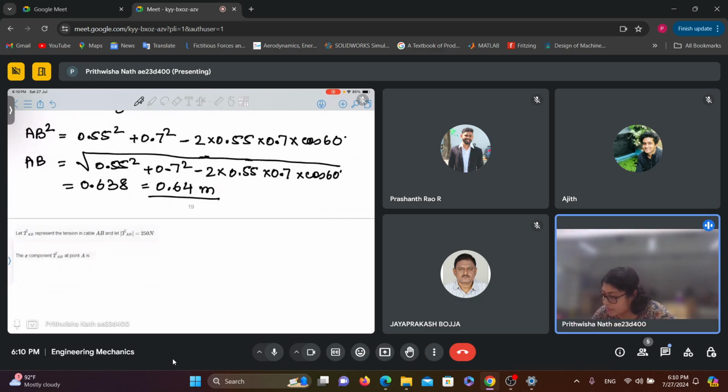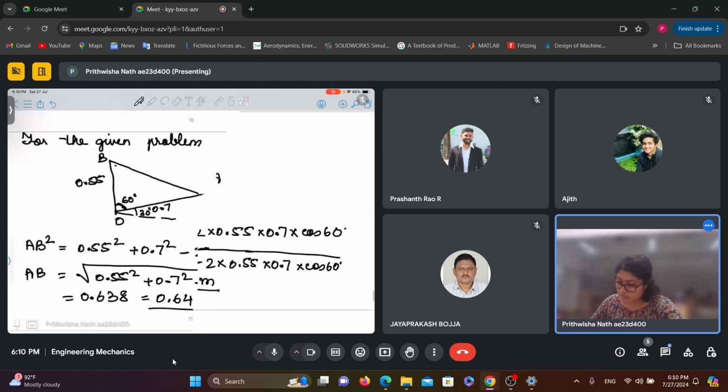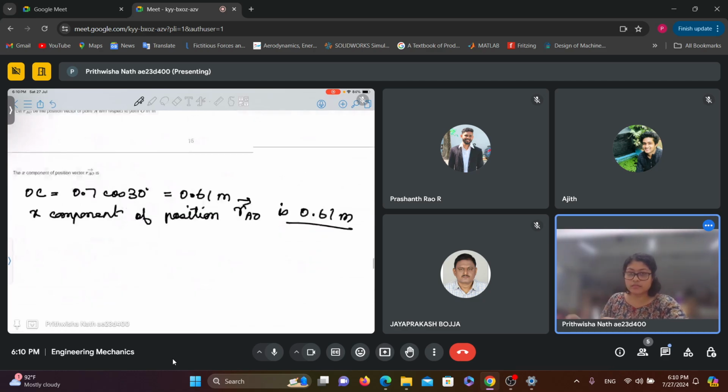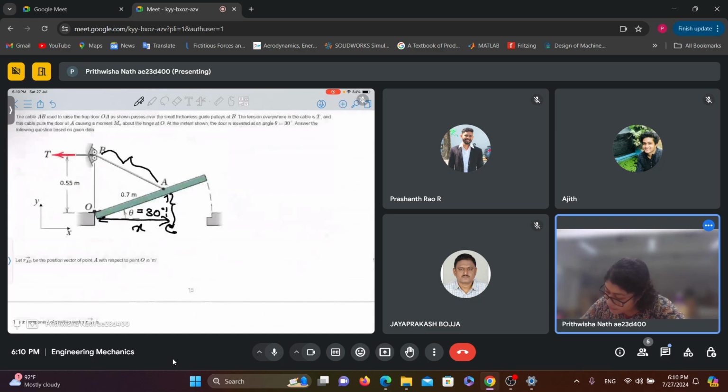Let tension TAB represent the tension in cable AB, and the value of the tension is 250 Newton. So we are asked to find out the x component at point A. The tension is acting in this direction.